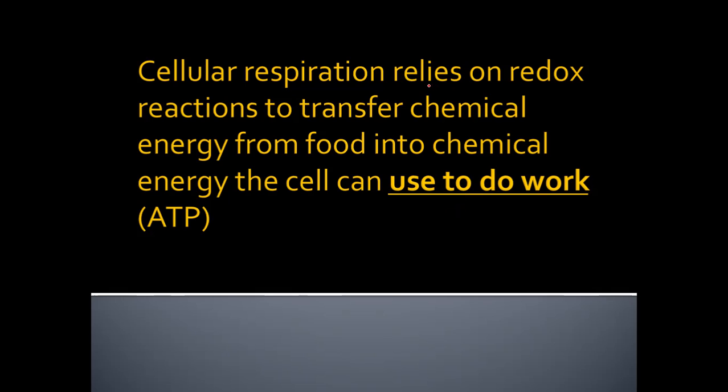All right, so cellular respiration relies on redox reactions to transfer chemical energy from food into chemical energy that the cell can use to do work. When we're talking about chemical energy, we mean the energy contained in the bonds of atoms, the energy that is holding these things together.